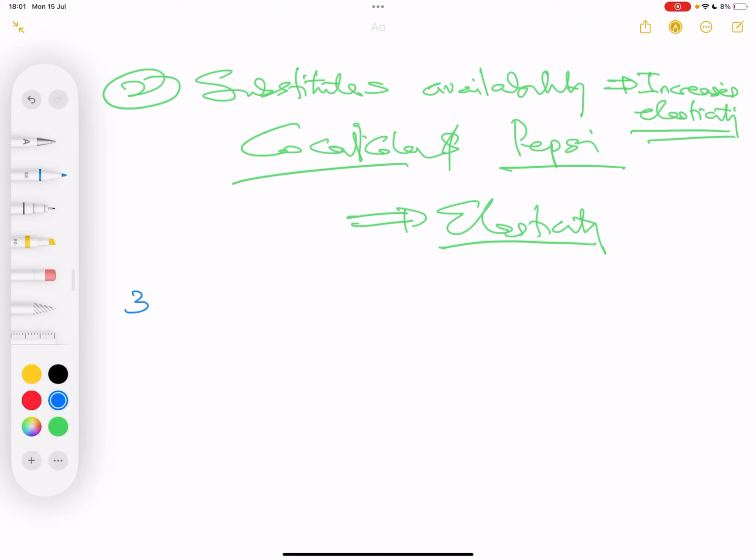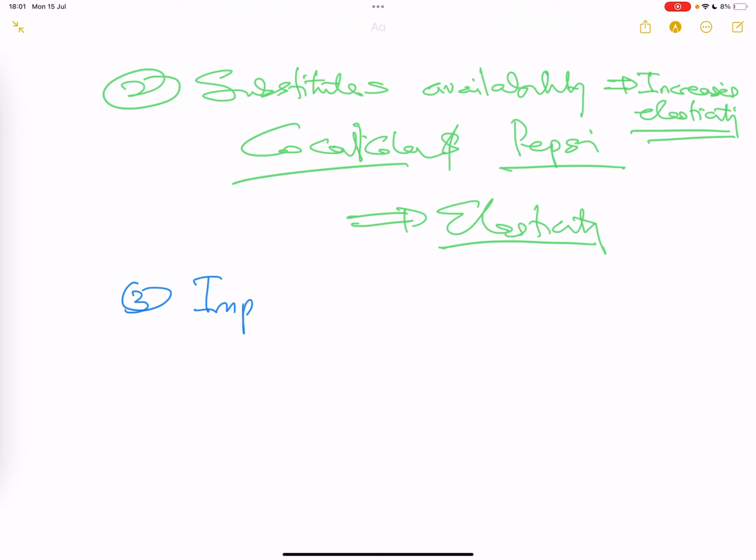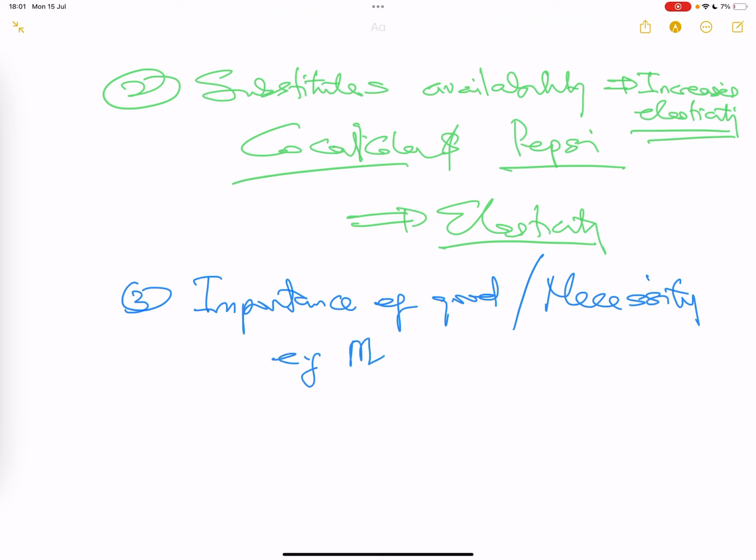Now, another factor is the importance of the good. How important is the good? Is it a necessity or nice to have? If it's a necessity, let's say it's a medication, and the price of your medication goes up, you have to buy it.